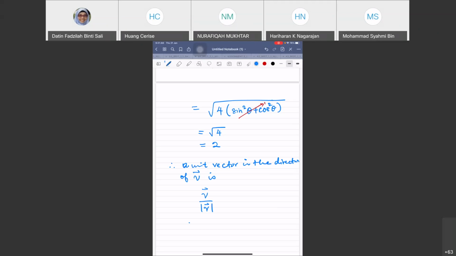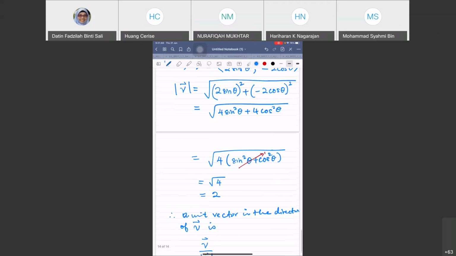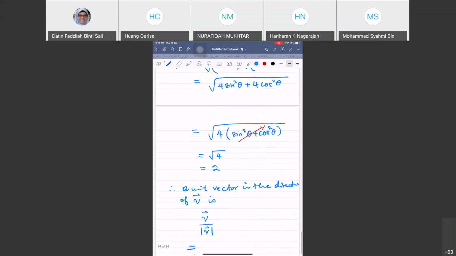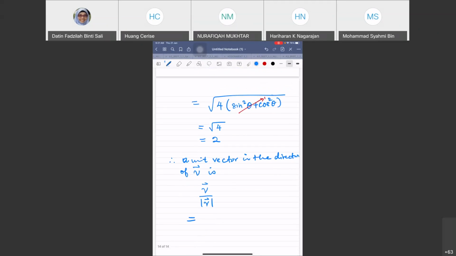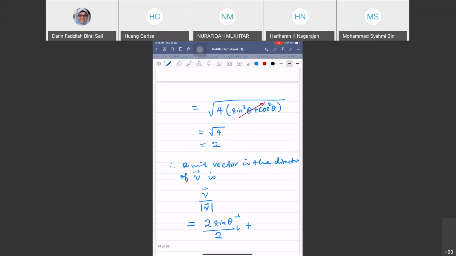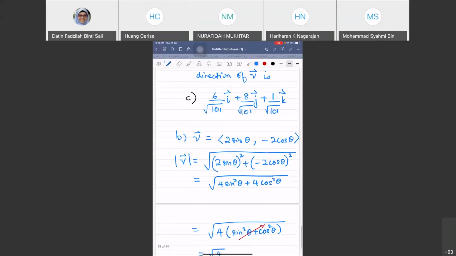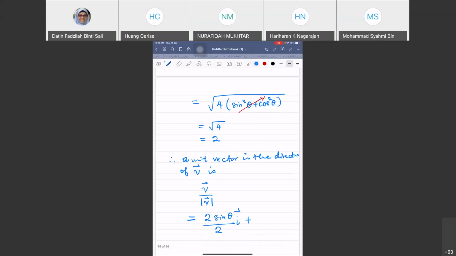So you have your 2 sine theta over the magnitude, which is 2. This is for the i. And then plus, for the second component, minus 2 cosine theta, so I will just put a negative after this.